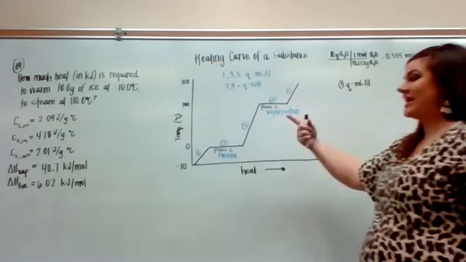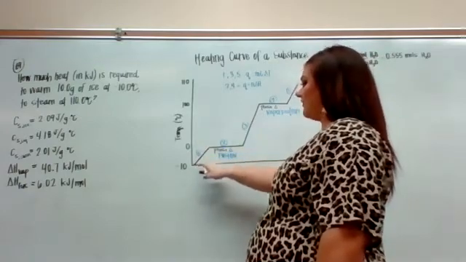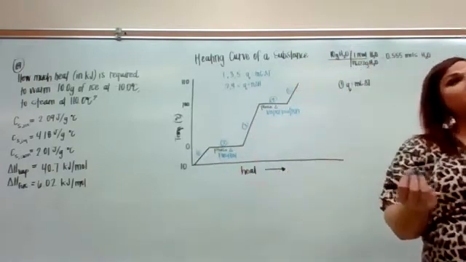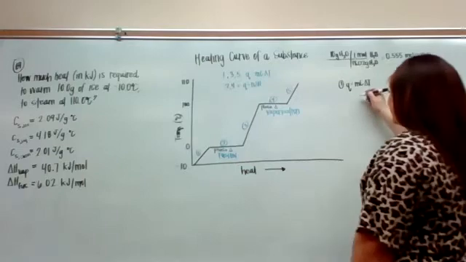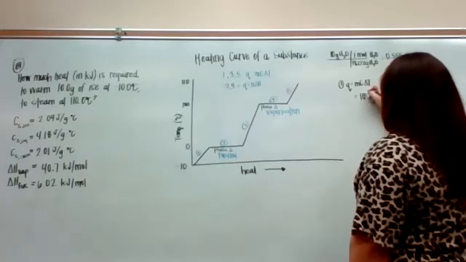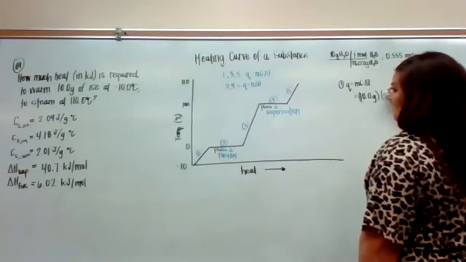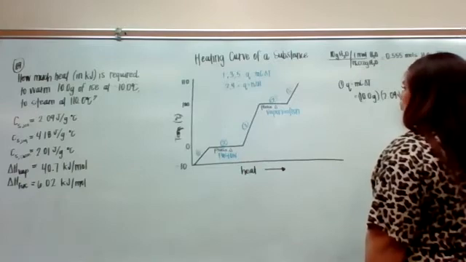Think about what state of matter you're in this region of the graph. From -10 to 0, I'm in a solid or ice. So I'm going to use ice as specific heat. So 10 grams, 2.09 joules.